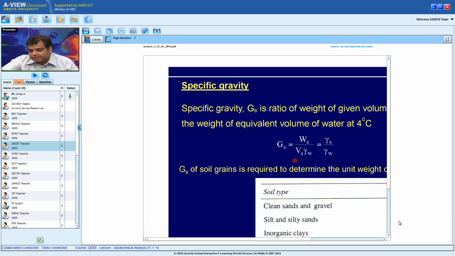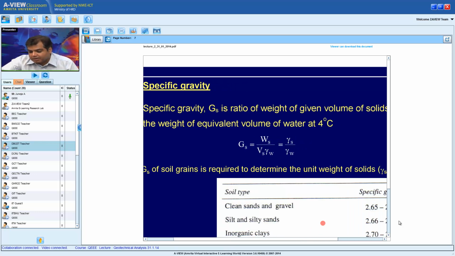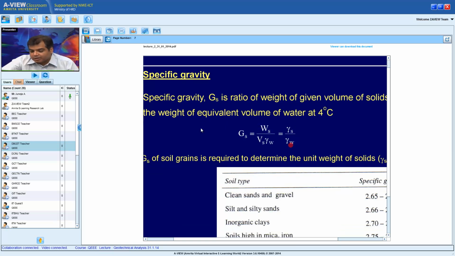If you find this slightly tricky to remember, I would suggest you look at the next one. Specific gravity is unit weight of solids over the unit weight of water. That's easy to remember. Gamma solids we've just seen, and unit weight of water is obvious, we have just discussed.